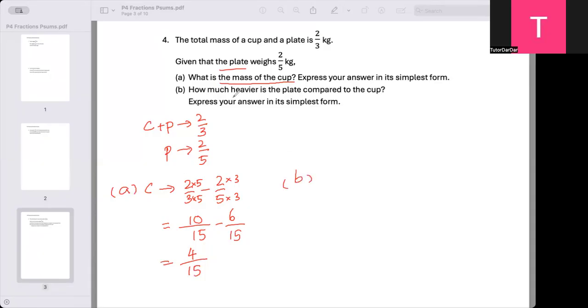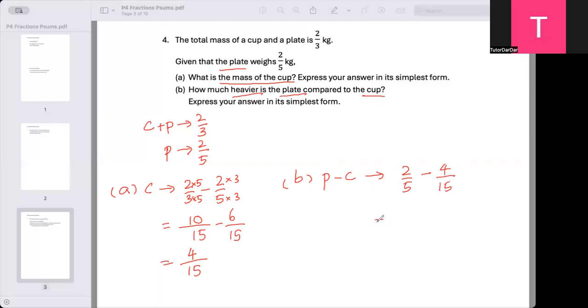How much heavier is the plate compared to the cup? That means plate is confirmed heavier. So plate is 2/5. So that means P minus C, right? So plate is 2/5 minus cup is 4/15. 4/15.